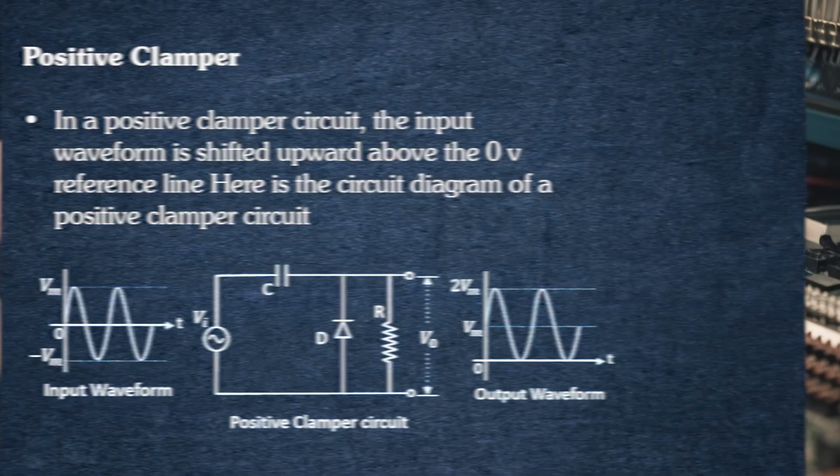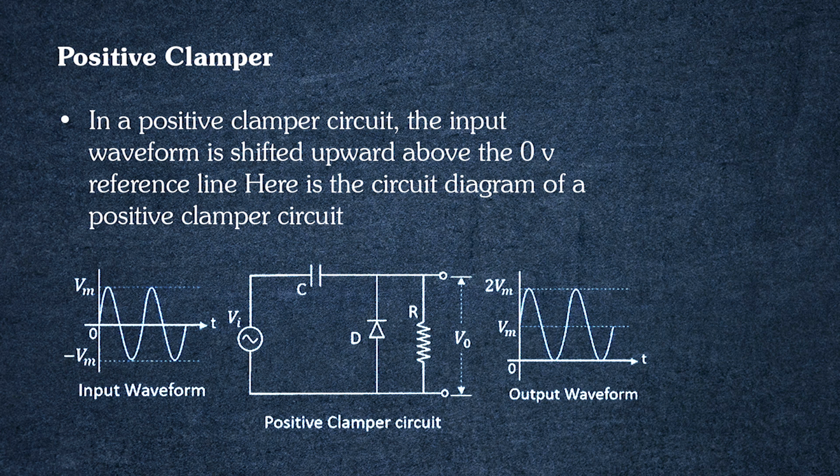In a positive clamper circuit, the input waveform is shifted upward above the 0 voltage reference line. The figure shows the circuit diagram of the positive clamper circuit. Starting from the input side, the signal is a pure sinusoidal wave, with maximum amplitude Vm on the positive side and minus Vm on the negative side.